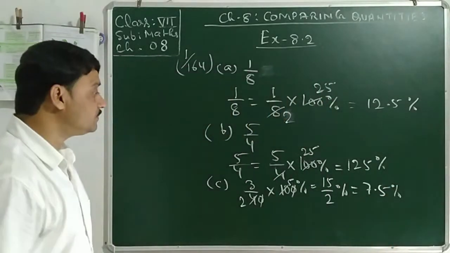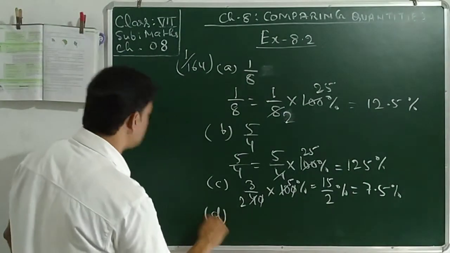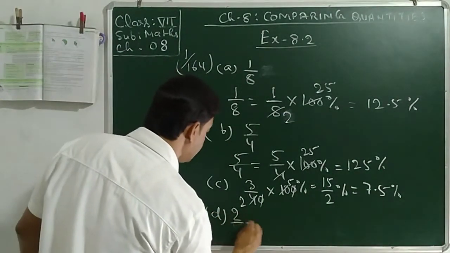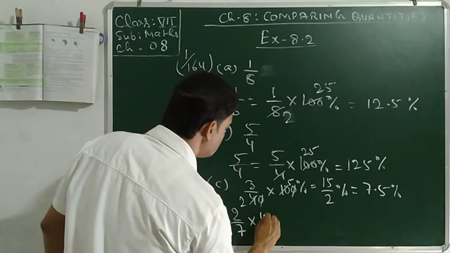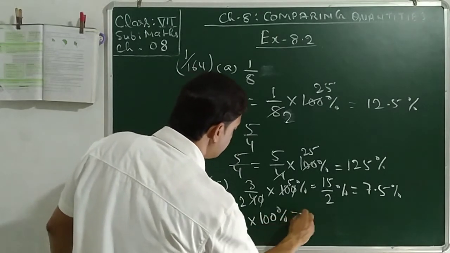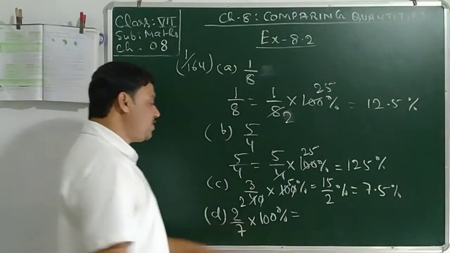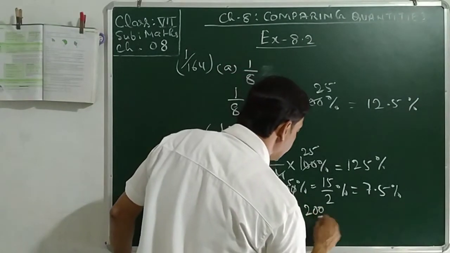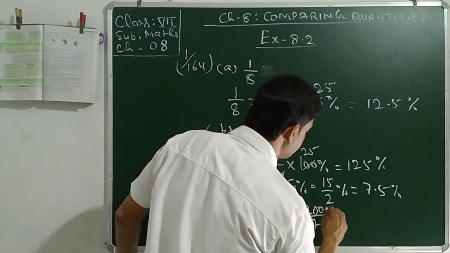Now similarly, in the D number also you can conclude it to be 2 by 7 into 100%. See, 100 into 2, that is 200 by 7%.